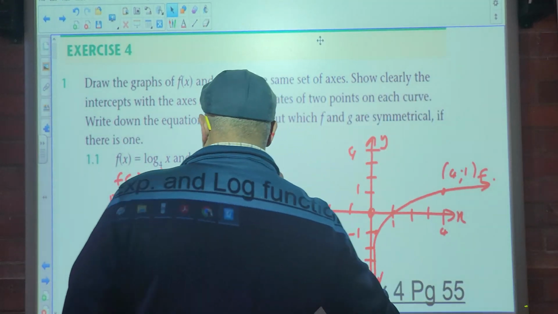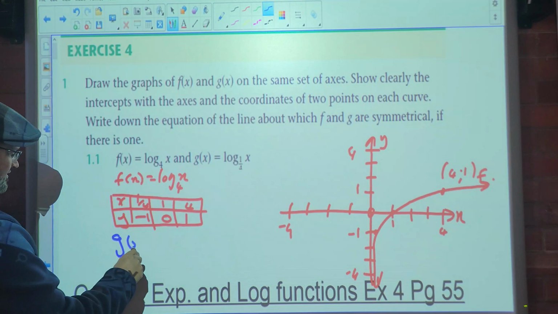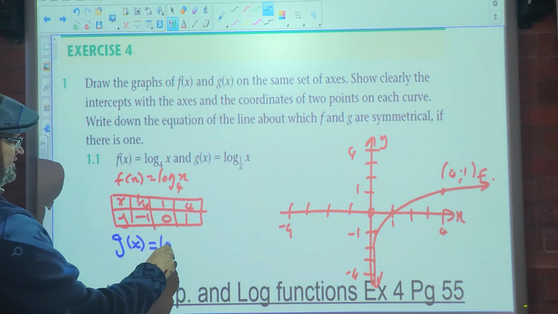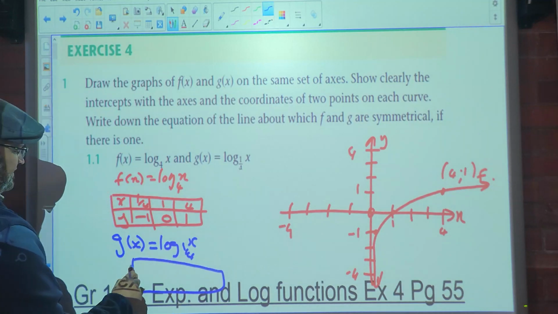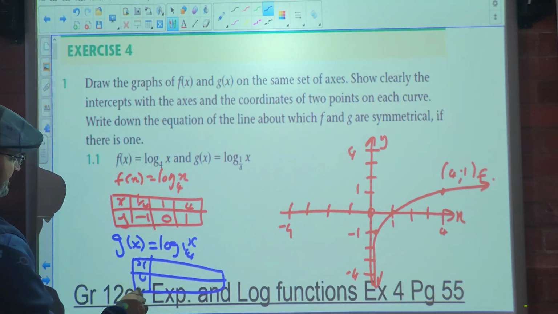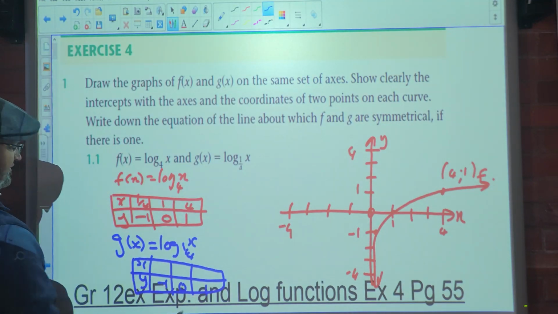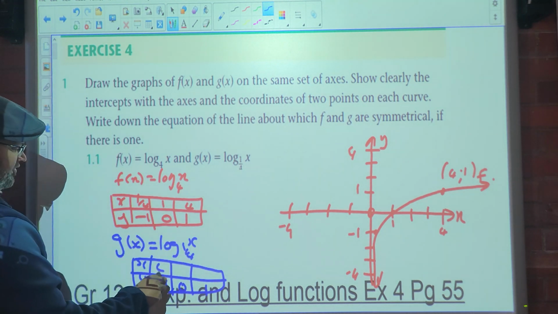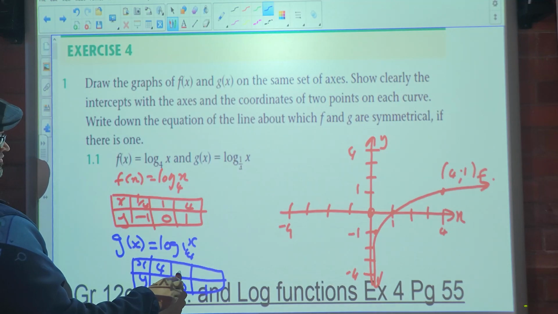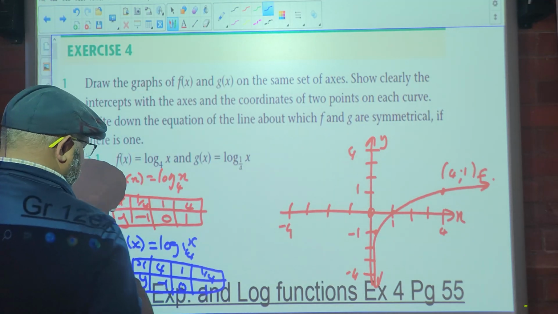Then the g of x graph, I do the same thing. g of x is equal to log x base a quarter. Again, I go with x and y. So negative 1, 0 and 1. If I put negative 1 in here, it's going to give me 4, 1 and a quarter.